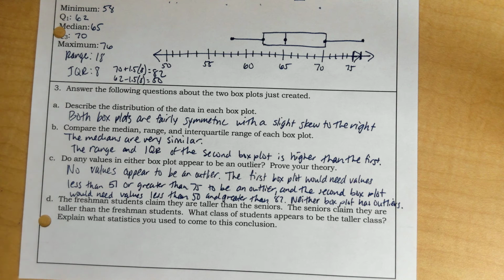You could look at averages, you could look at medians, you could look at the spread of data to make a decision for the class overall as a whole. So I want you to think about your opinion and put a justification there, and use statistics, one of the values that we have discussed, to make that decision. But ultimately, it's an opinion question as long as you justify it.